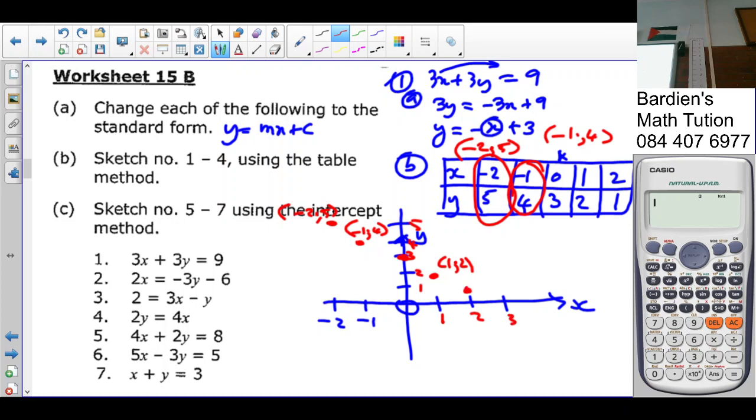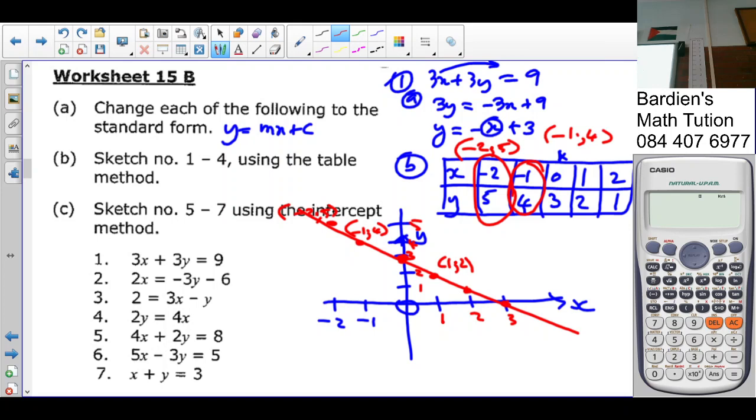If I put 3 in, what am I going to get? 0. You see that? So if I draw this line with a ruler, you'll see that it will go through all of those points. Does that make sense? Is there any confusion?